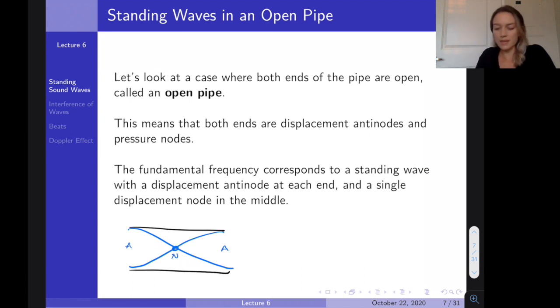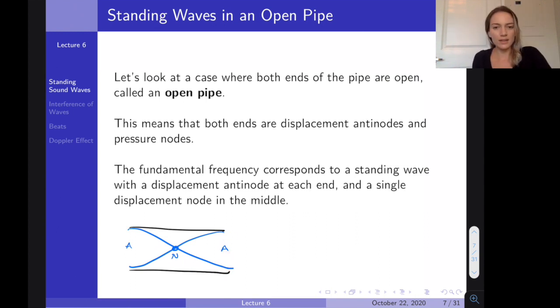So this is the minimum wavelength setup that I can get on an open pipe, right? I basically just have 1/2 wavelength in here. That's because I want both ends to have an antinode. You can think of it like an open pipe has a displacement antinode at the end, because the air molecules at this end are moving back and forth.